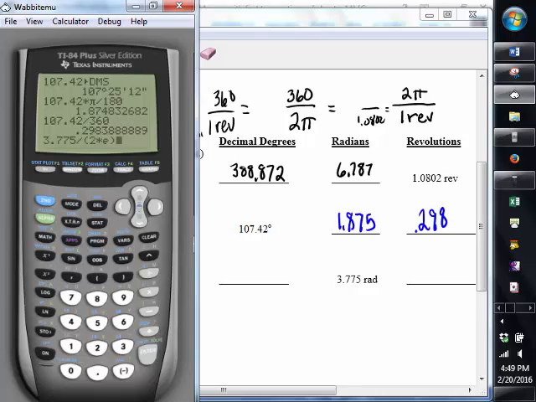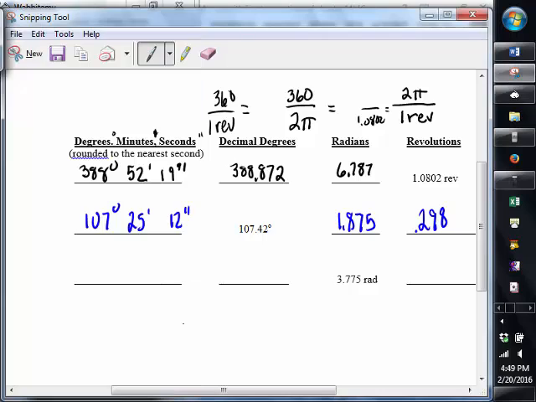Ooh, that wasn't pi. What is pi? Oh, second function pi is 0.601 revolutions.